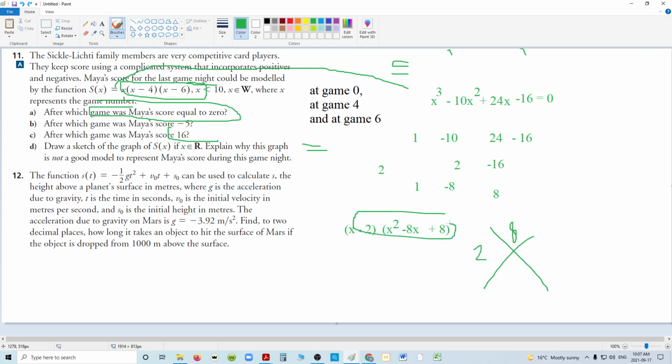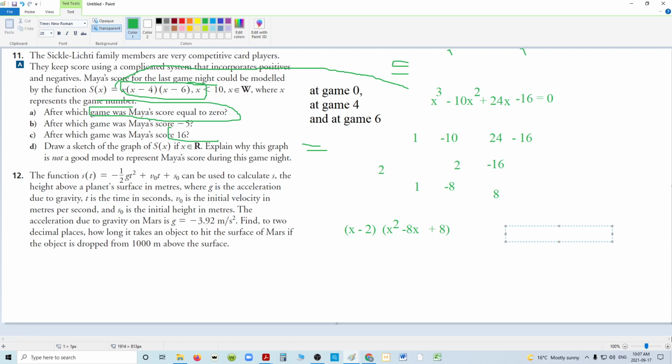So that means you'd put this into a quadratic solution, which means it's going to come up with a decimal like 3.2, which isn't realistic. It means somewhere between game 3 and 4, Maya's score was 16, but you can't have a game 3.28. We're going to do it anyway.